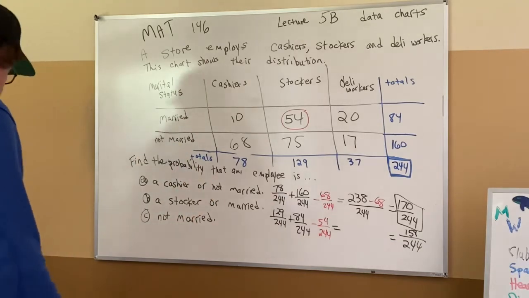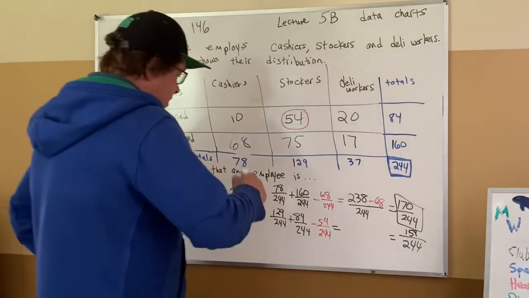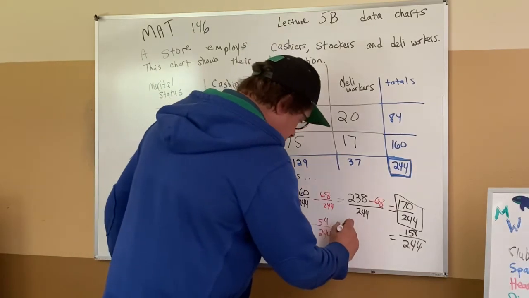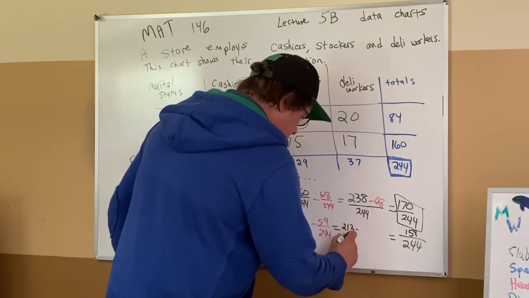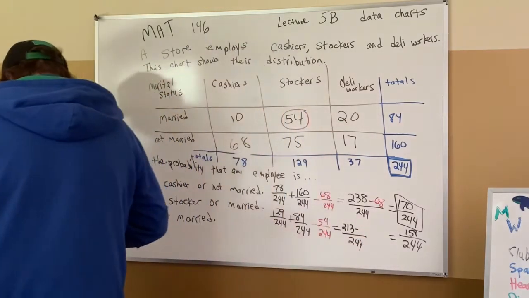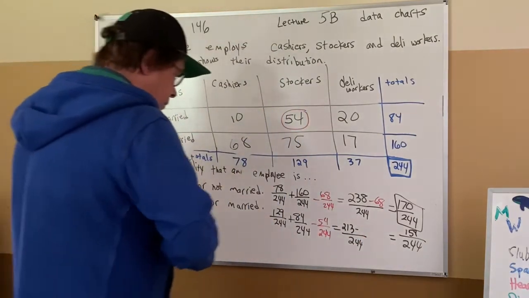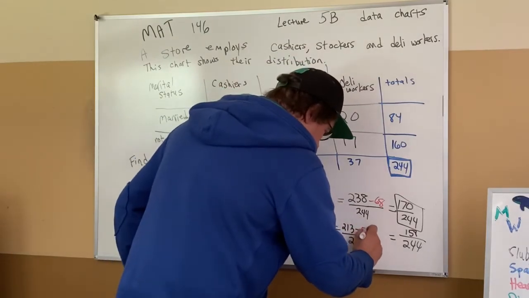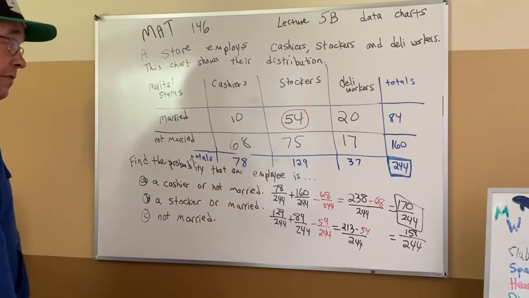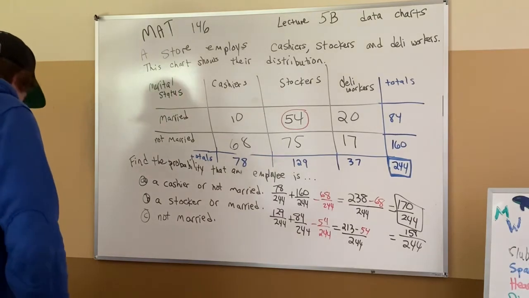You don't have to make a decision like that. Because what this makes is 213 minus 54, and that's going to make 159 as well, 159 over 244.